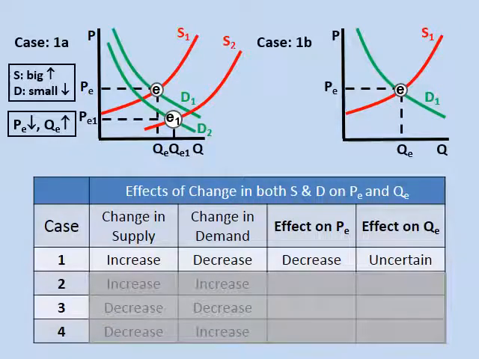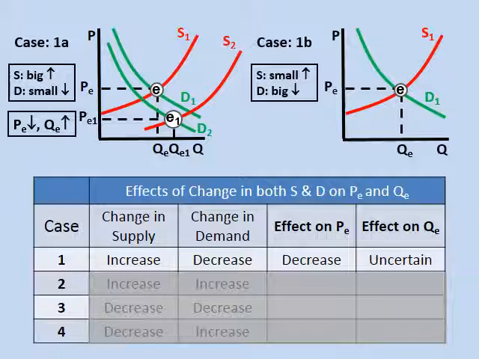Now in case 1B, we're going to change the magnitudes. We're going to say supply has a small increase, but demand has a big decline. So we're going to increase the supply slightly, move it to the right. Maybe just one farmer got a new tractor, but we're going to have a big decline in demand. We end up with a new equilibrium point where the quantity is to the left of our prior equilibrium point.